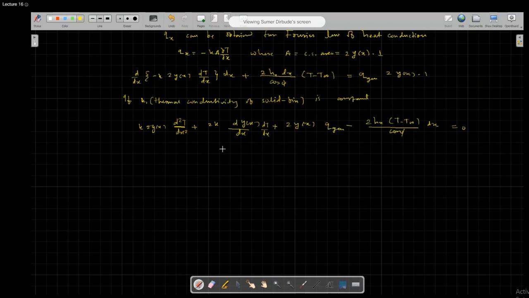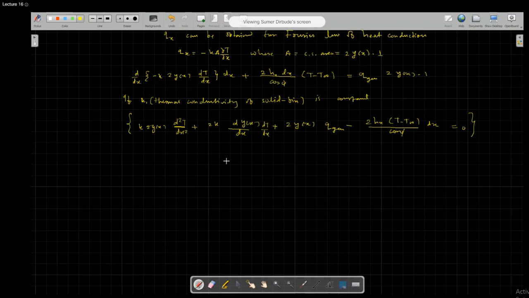So this is for the constant k case. This can be a generalized 1D steady state equation for this fin problem specifically, and y can be anything.